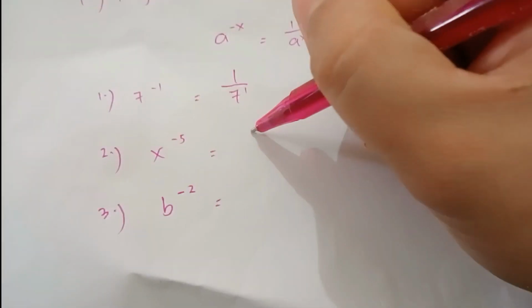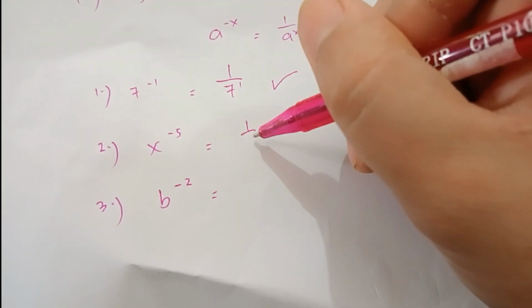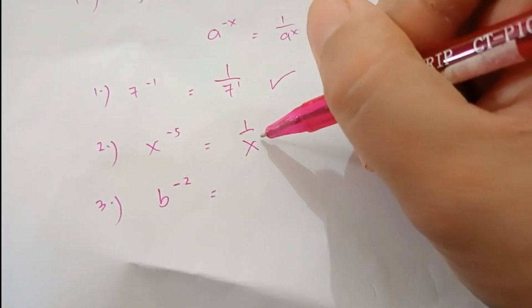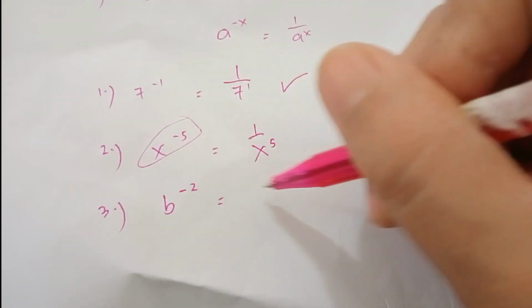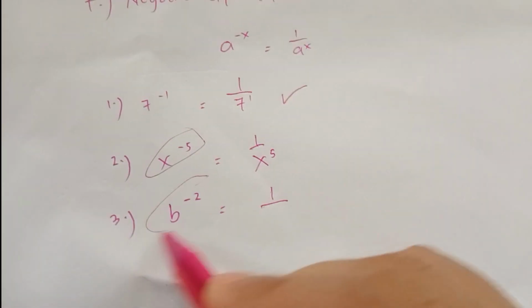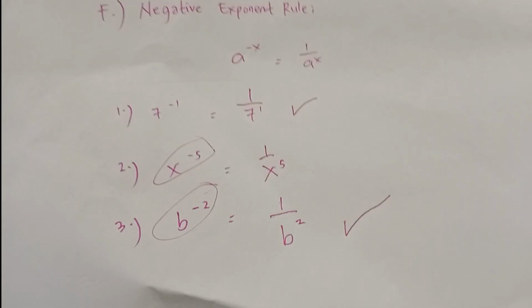So we need to change the sign of the exponent into positive. What about number 2? x raised to negative 5. So just write 1, then x raised to 5. Understood? What about number 3? b raised to negative 2. So just copy b, then change the negative 2 into positive 2.